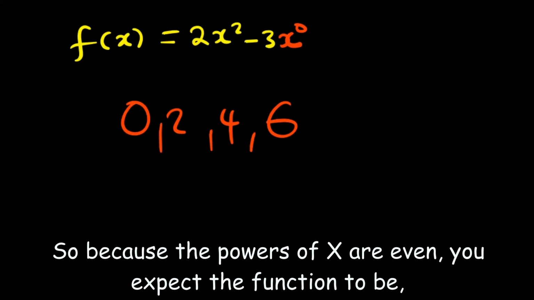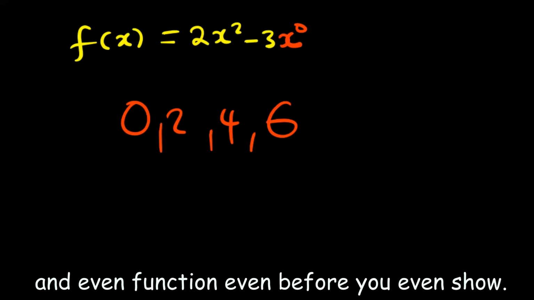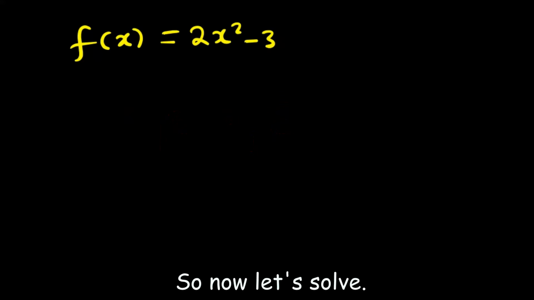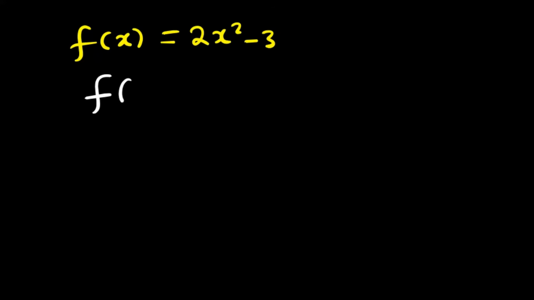So because the powers of x are even, you expect the function to be an even function even before you show it. Okay, so now let's solve. We're saying f of negative x should be equal to f of x if you are solving for an even function.